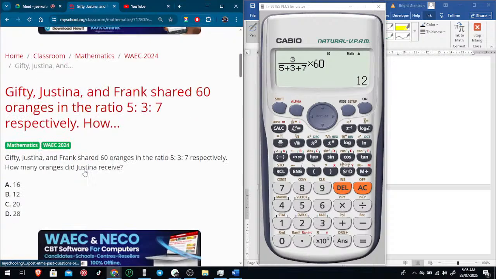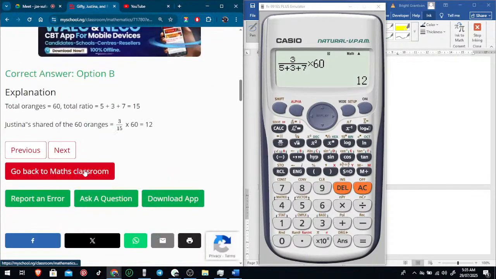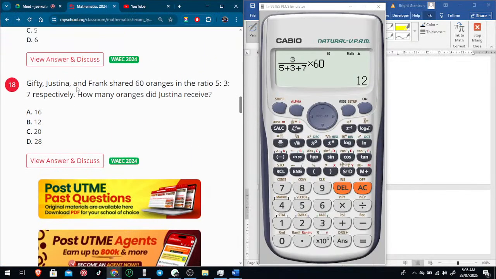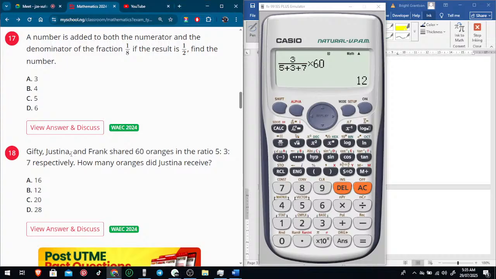Are we okay? Let me try again. It says Justina and Frank share 60 oranges in the ratio 5:3:7. How many oranges did Justina receive? Justina will be the second ratio. So on the calculator, the second ratio over the total sum of ratios times the total amount, 60, and you get 12.